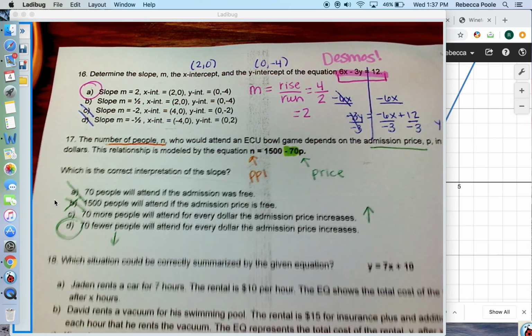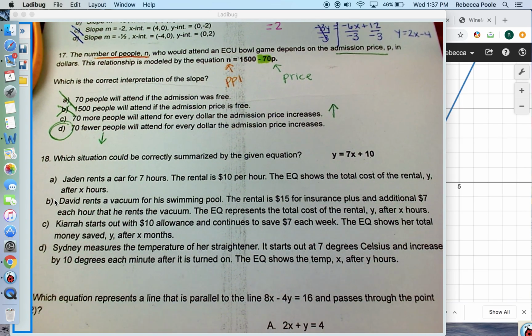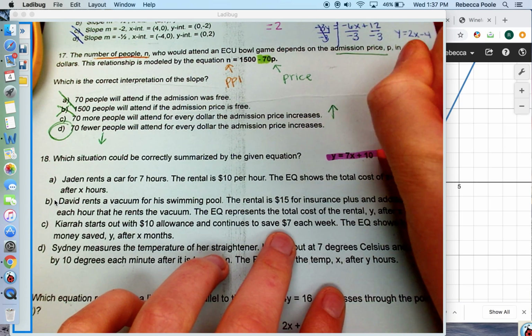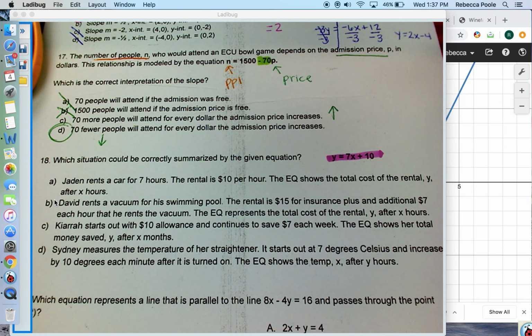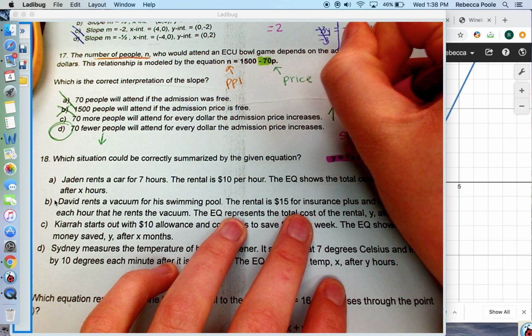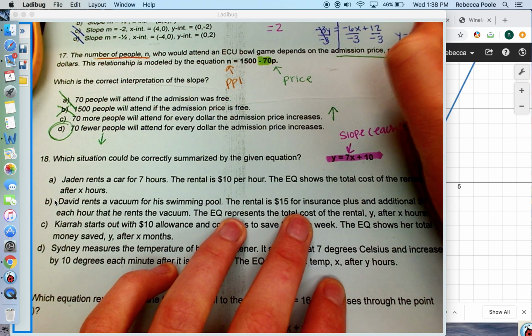All right, so that was fast. Told y'all 17 would be fast. 18 is the same because it's just another situation we have to read. So which situation could be correctly summarized by this equation? So we're looking at this equation. 7 is the slope. So that's what it's going up by each time.